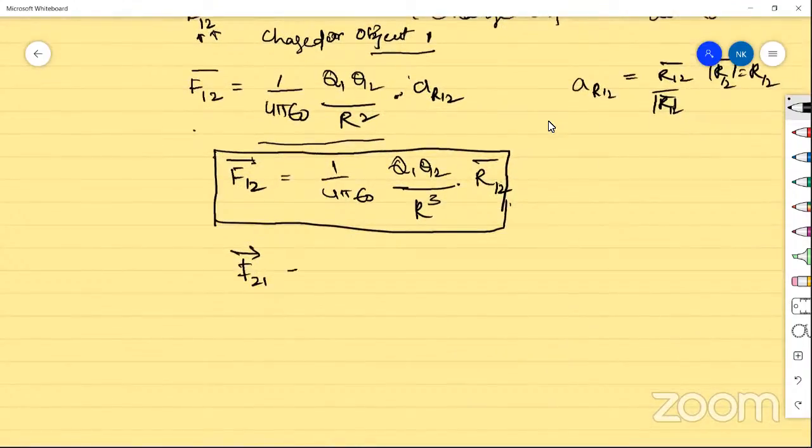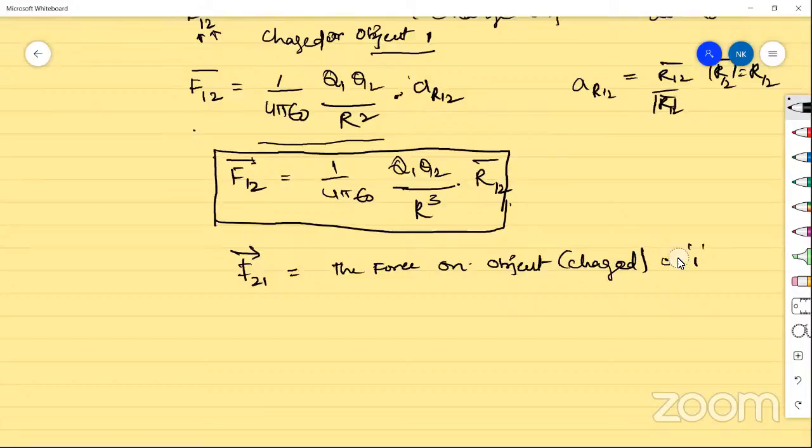How do you define it? The force on charged object 1 due to charged object 2.